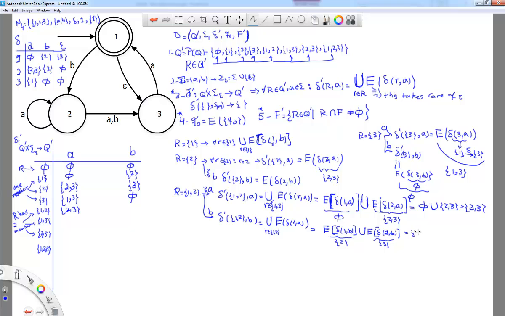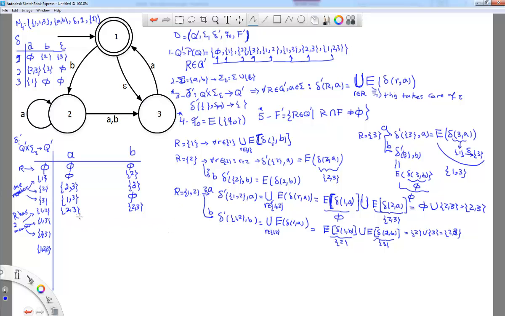So we're going to get set 2 union with set 3, which will be set 2 comma 3. So this guy is going to go to 2 comma 3 as well. In fact, let me actually move these guys a little bit closer to get some room. Well, it should be good.